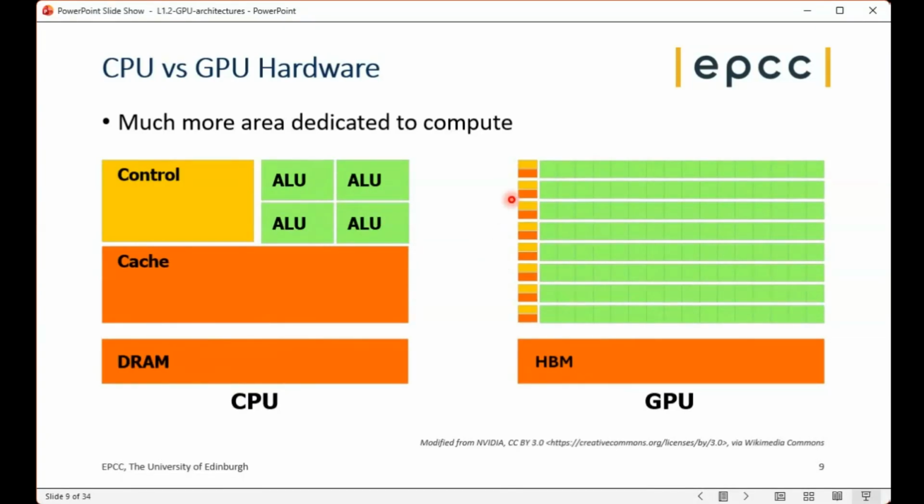So there's a lot less control structure and a lot less cache. We have vast numbers of arithmetic logic units, things which can do floating point operations, and also a different kind of memory, high bandwidth memory, specialized memory, which allows the GPU to read and write data very quickly. So they're conceptually very different, built for different applications.